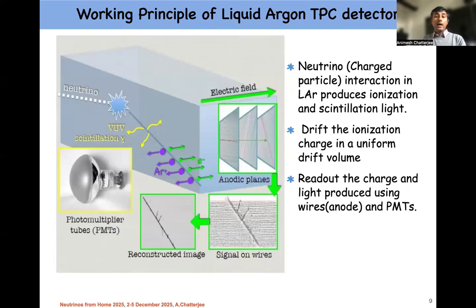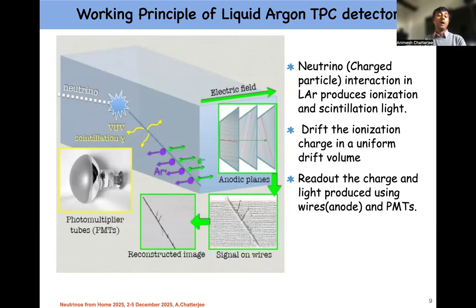Now, going quickly for those who are not familiar with the technology itself, the SBN program is using the liquid argon TPC technology, where basically when a neutrino or any charged particle enters and interacts within the liquid argon, it produces ionization and scintillation light.